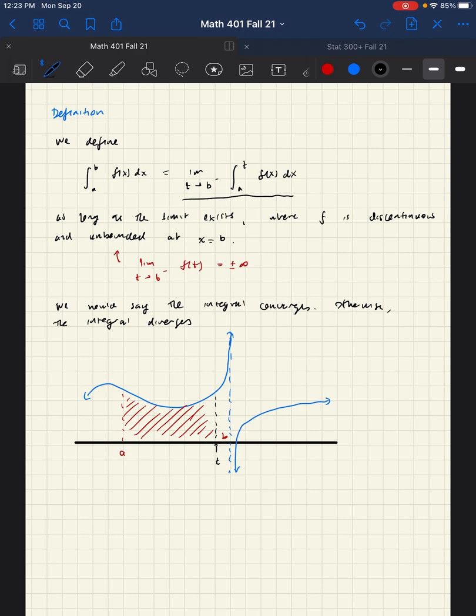And then in the limit, as t approaches b, the limit of that area will be the value of the improper integral. So the limit of the area under the curve just up to, but not at x equals b, because we can't. It's impossible. But we're hoping that the additional slivers that we add are negligible in the long run.